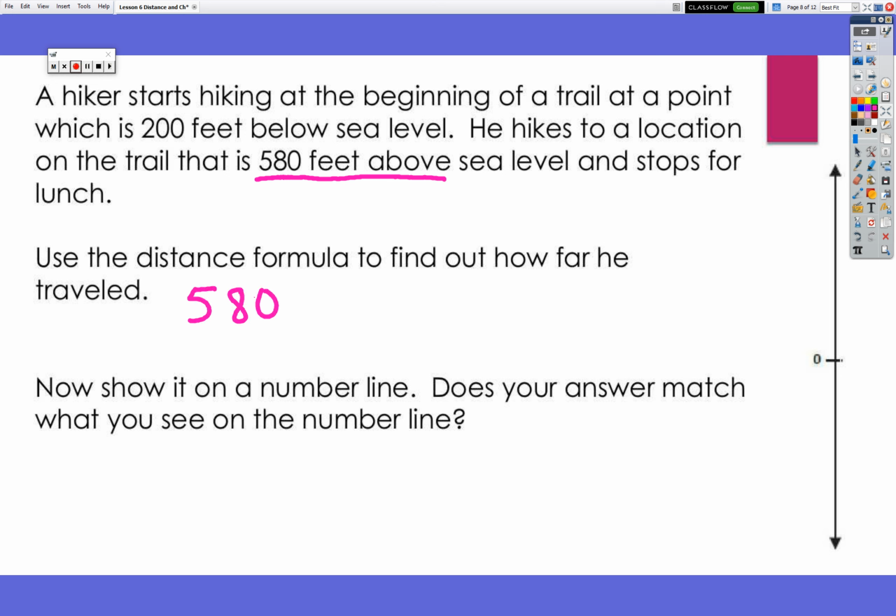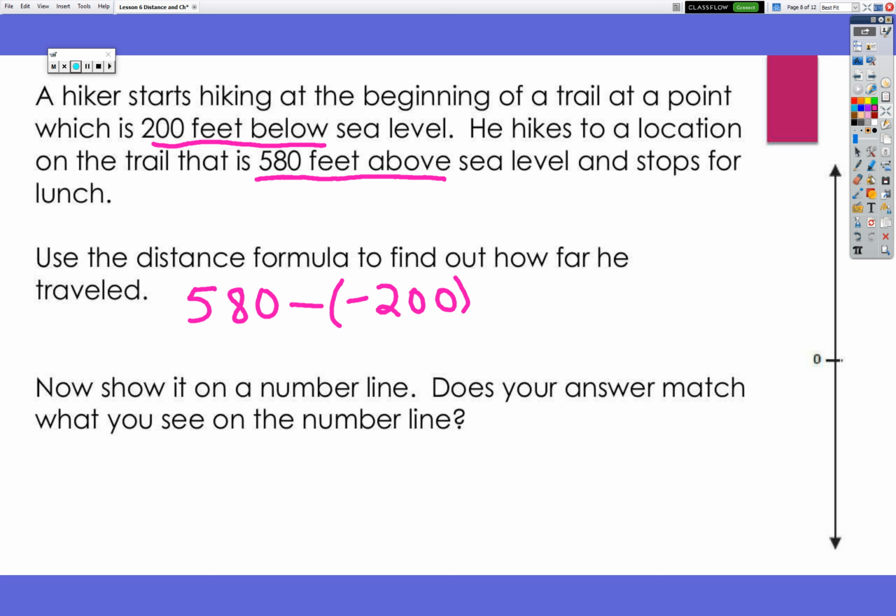580. Now I'm going to subtract my other number. Well, my other number says that he started at a point which is 200 feet below sea level. Now remember, if it's below sea level, it's going to be negative. So I'm subtracting a negative 200.